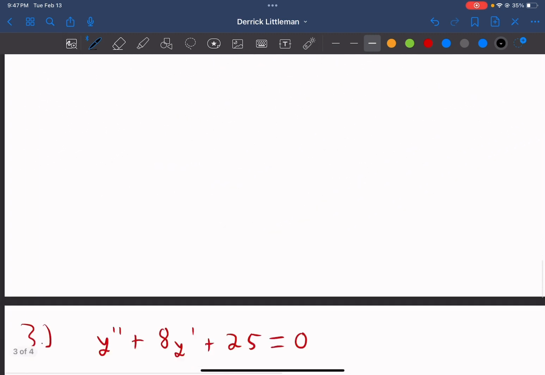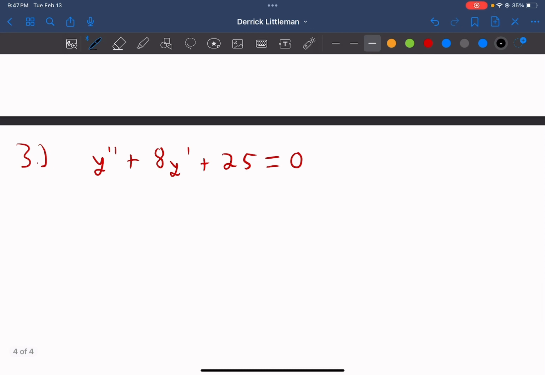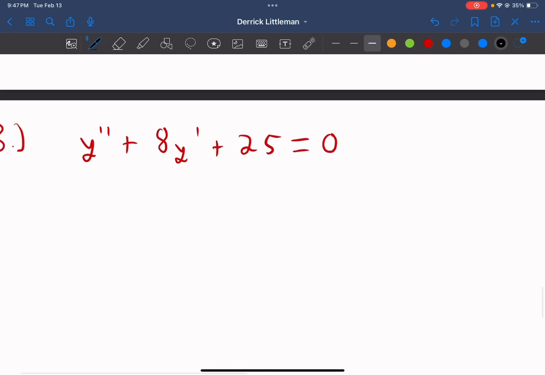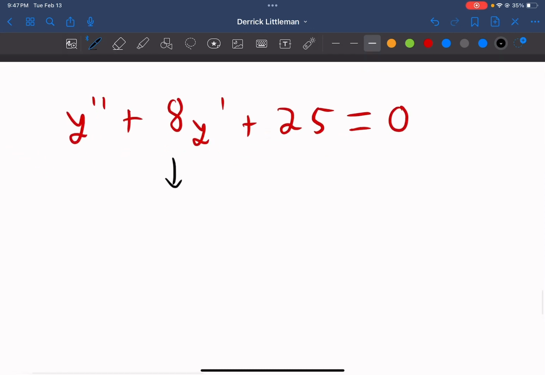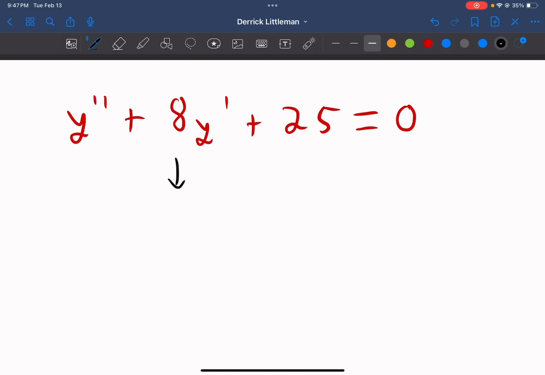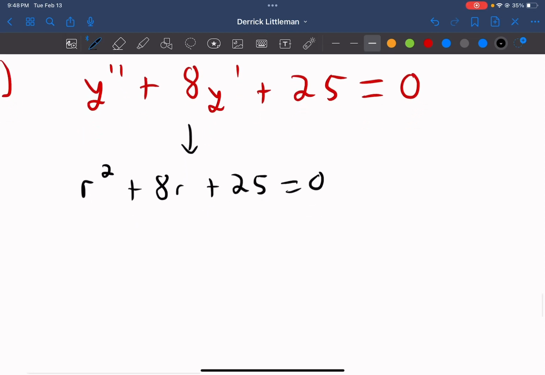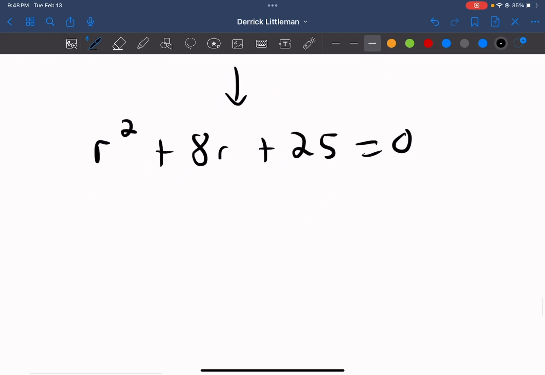And now if we move on to case number 3, here we have this equation where we write down the characteristic equation again, which would be r squared plus 8r plus 25. Okay, now we cannot factor, so we shall solve with the quadratic equation.